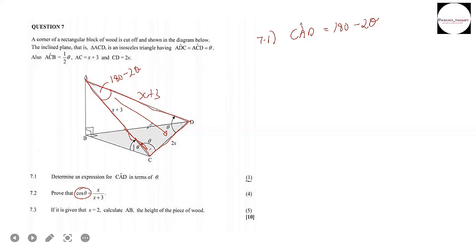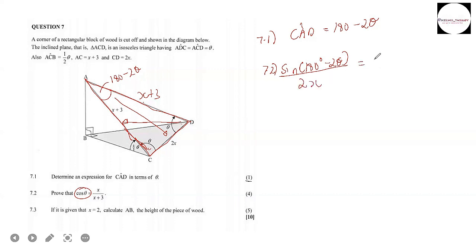So we can take either this to that or this to that, right? So applying the sine rule, this is sine 180 degrees minus 2 theta over the side that is opposite that angle, which is 2x.